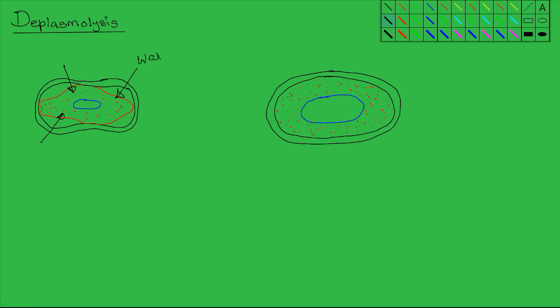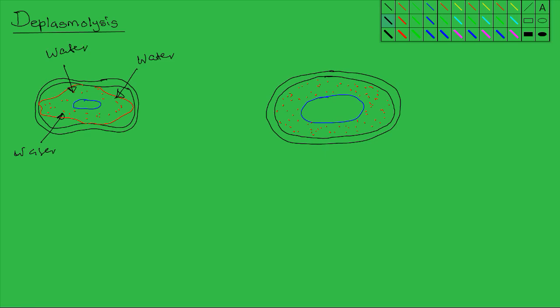The cytoplasm together with the sub-vacuole exert an outward force that presses against the cell wall, and the cell wall, being rigid, resists the stretching by exerting the wall pressure.